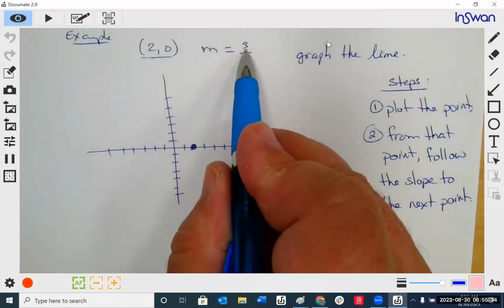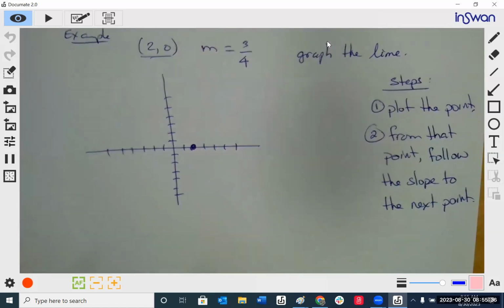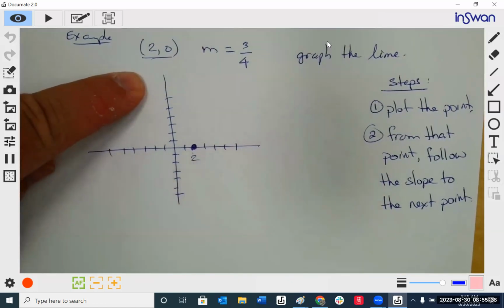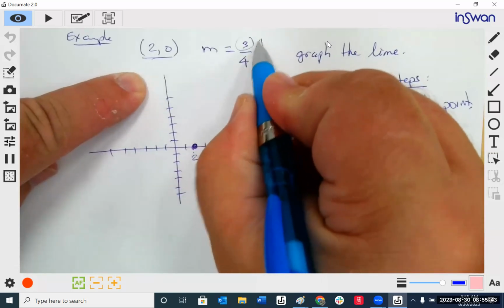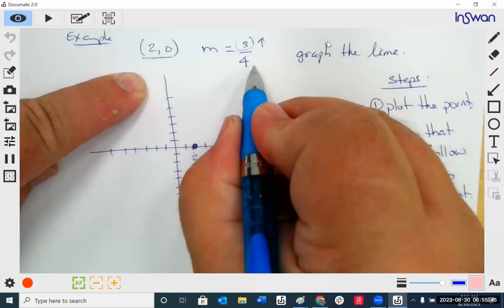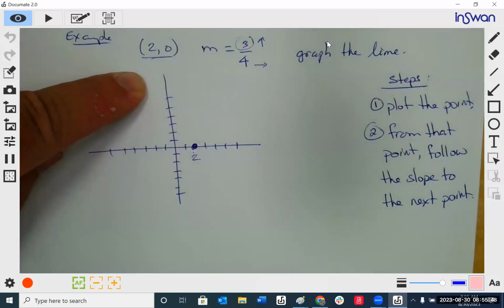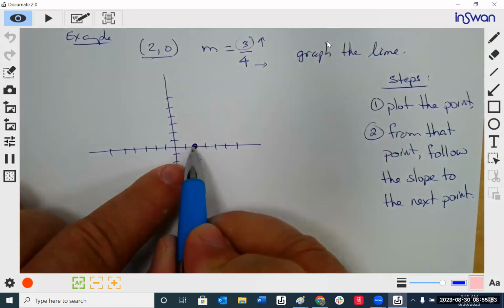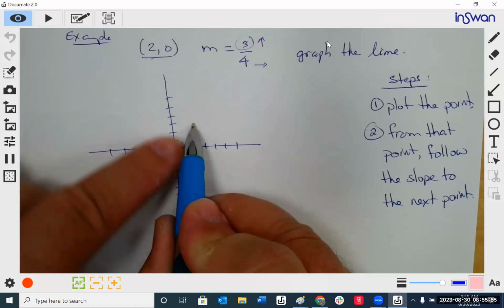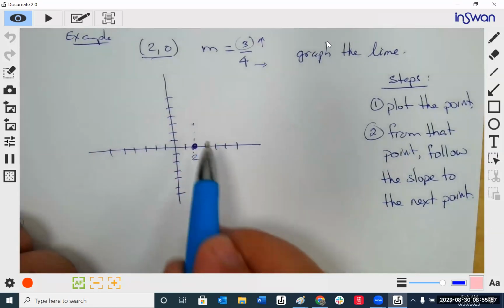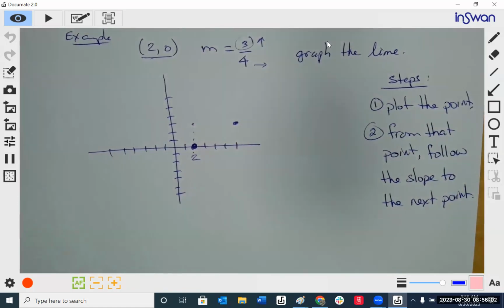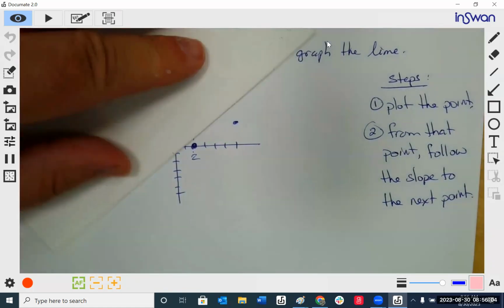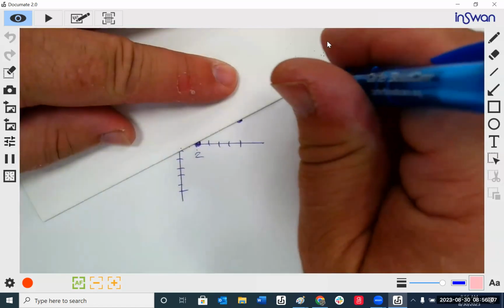So in other words, the slope is 3 over 4. From this point, from 2, 0, the top is rise and the bottom is run. Since it's positive, I go up. If it's negative, I go down, and always to the right. So from this point, I go up 3. 1, 2, 3. And then over 4. 1, 2, 3, 4. And there's my next point. Now I connect the dots. And there's my graph of that information.